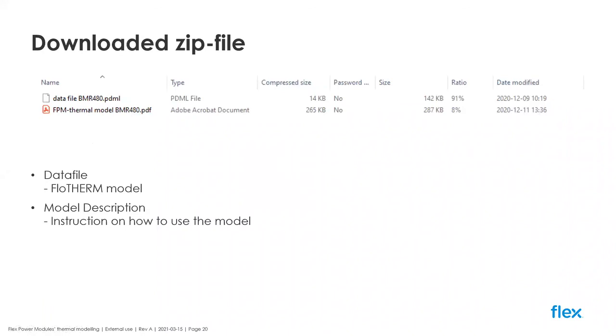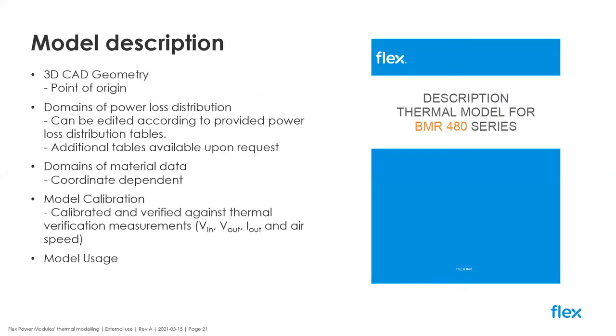When you download our thermal models, our FloTHERM models, it's a zip file containing these two files. The PDML file is the FloTHERM model itself, and the PDF is a description of how to use our FloTHERM model. We'll go through the parts in this description briefly. The first section is 3D CAD geometry, which points out the point of origin.